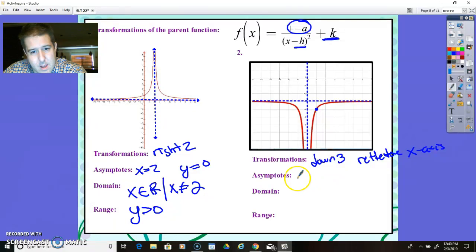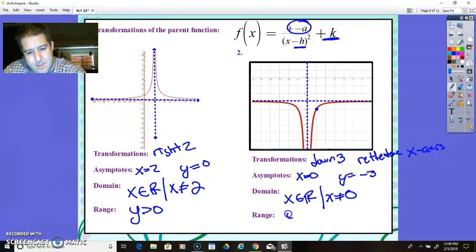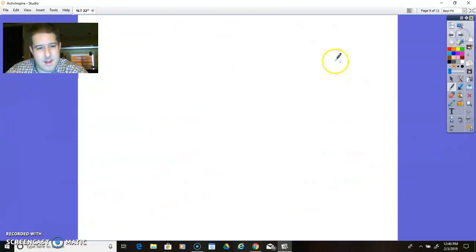The asymptotes are x equals 0 and y equals -3. Domain can be anything except for 0. And the height can be anything below 0. So no, not 0, sorry. It's going to be anything below -3. So it never has a height of -2 or anything above that dotted line. It can never be that dotted line either.